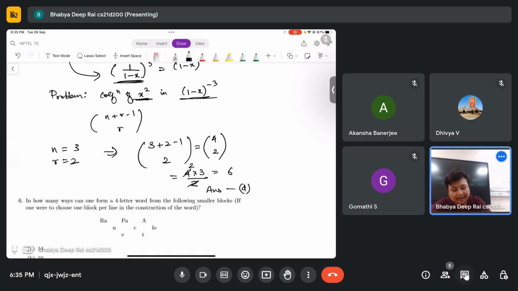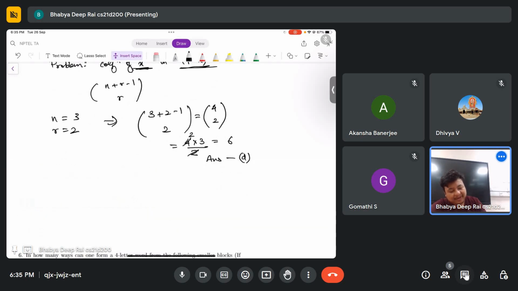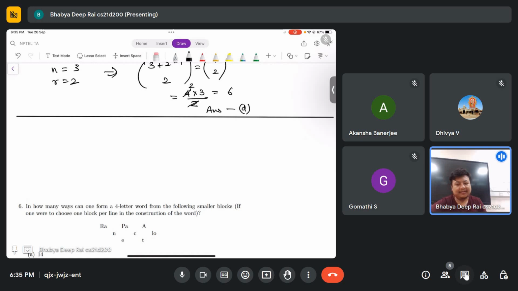Okay. And before I use it on some kind of counting question, I'll first write how we can combine the things. Okay, so counting with polynomials.